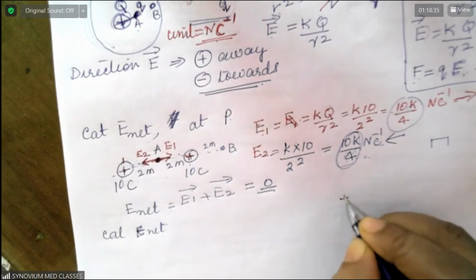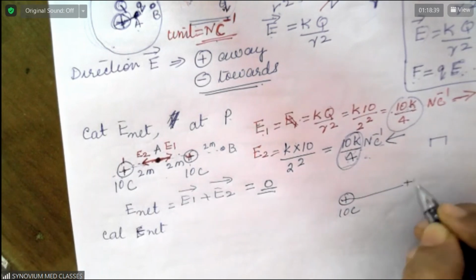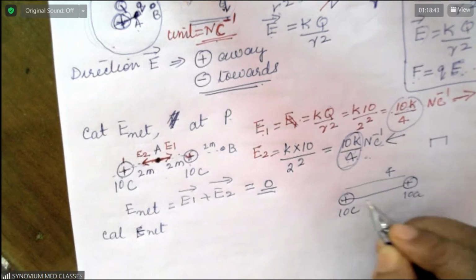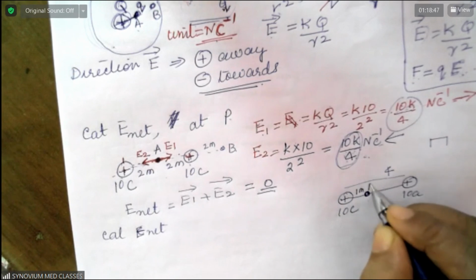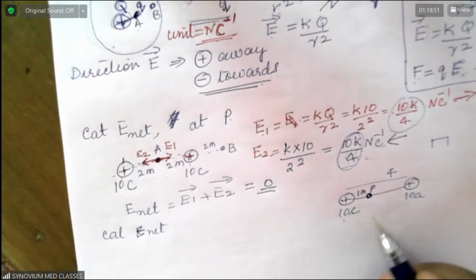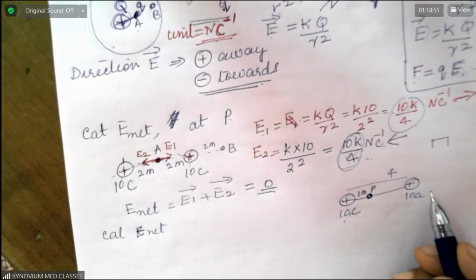Okay, I'll give you the question. This is 10 Coulomb. This is another 10 Coulomb. Total distance is 4. This point is 1 meter away. Say point P. You have to find the electric field net at this point. Can you do this as homework or should I do it now?